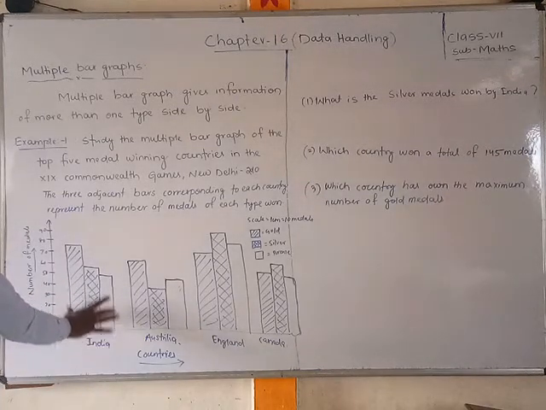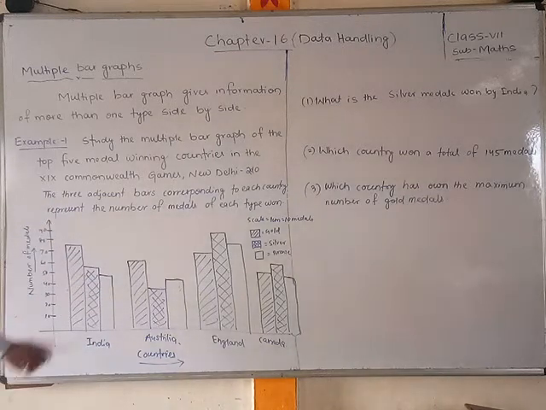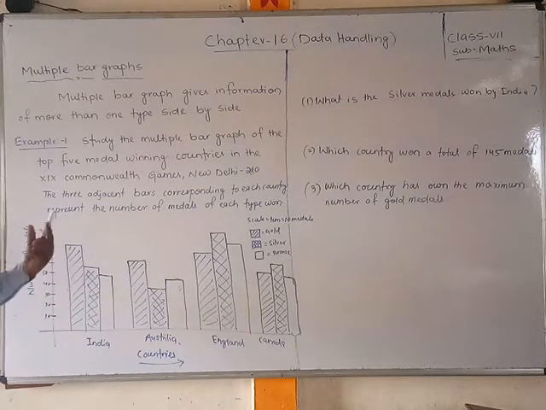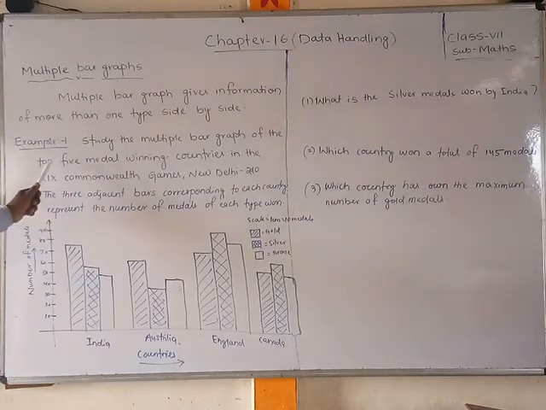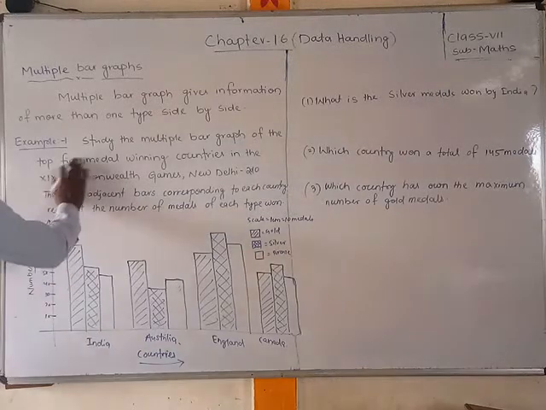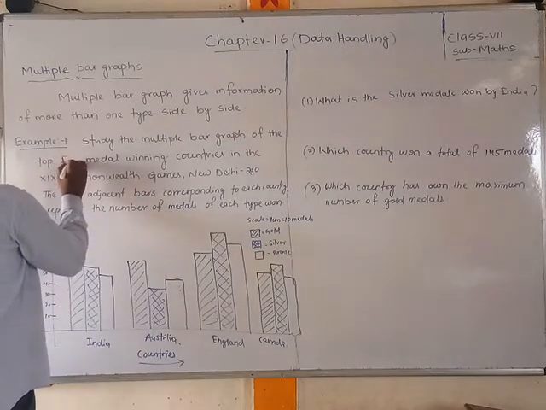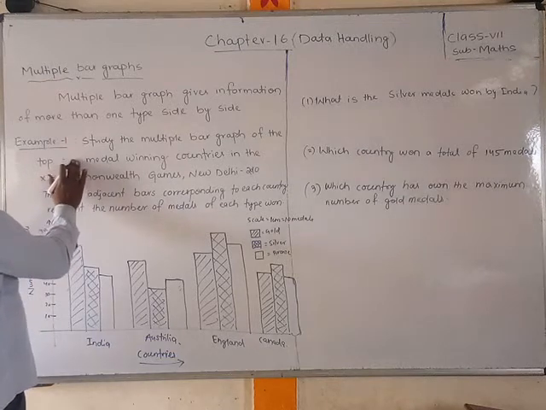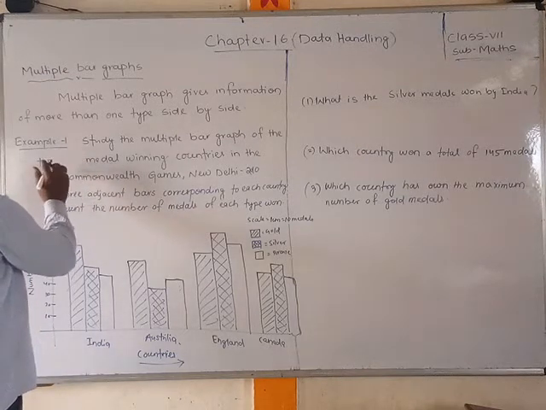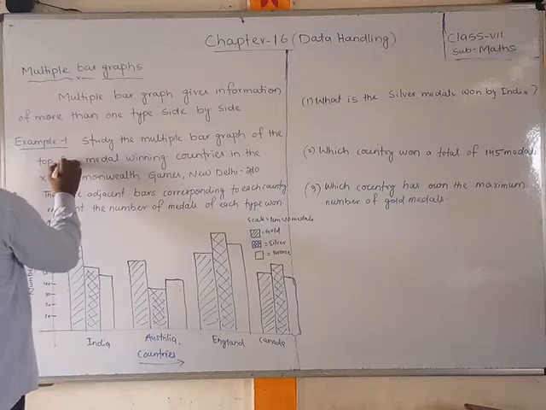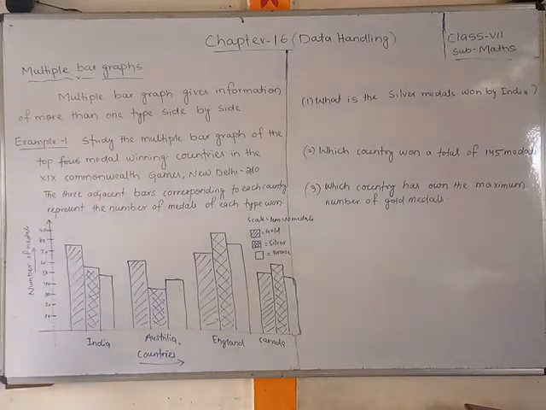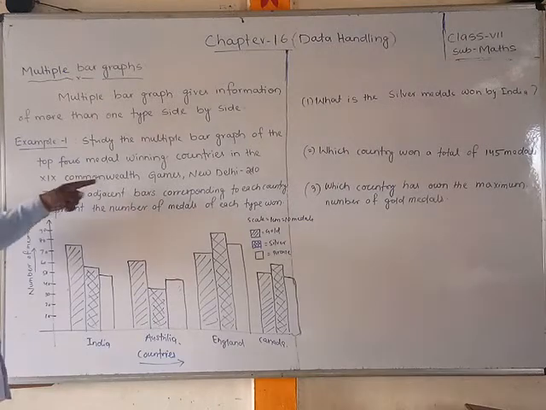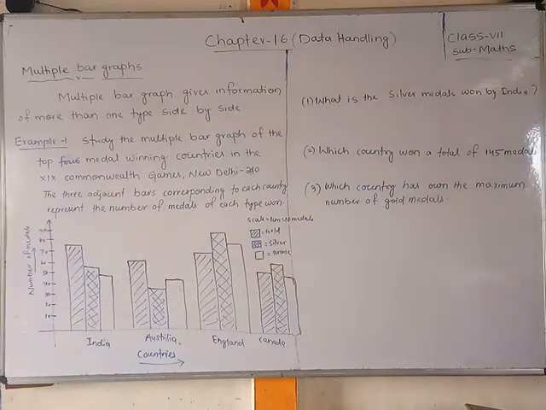This data is for one country or place or thing, representing different data. So see the example, you can understand very clearly. Study the multiple bar graph of the top 4 medal winning countries in the XIX Commonwealth Games in New Delhi, 2010.